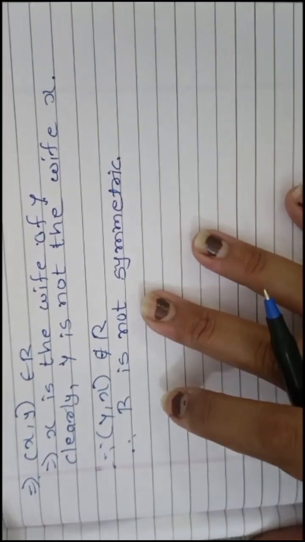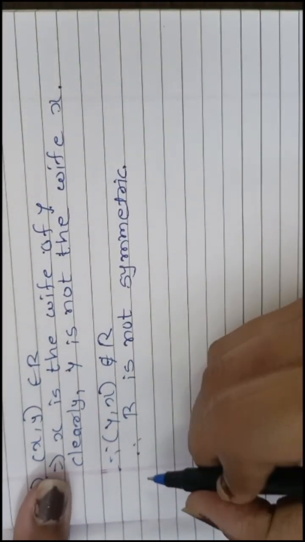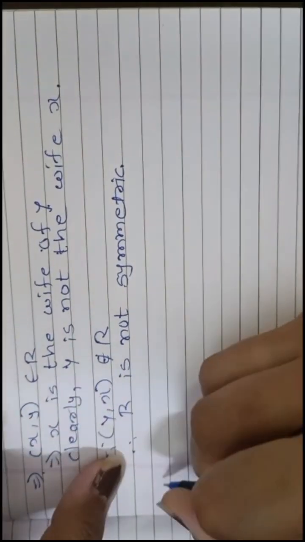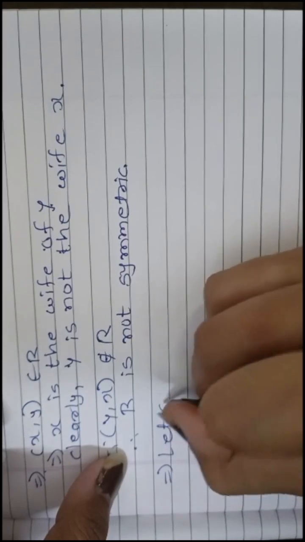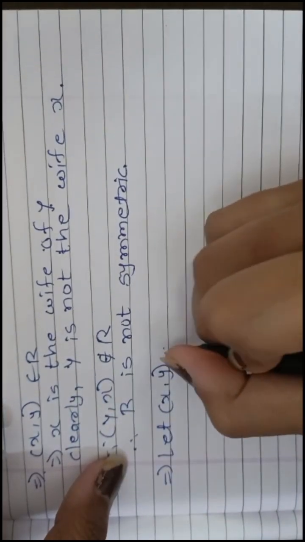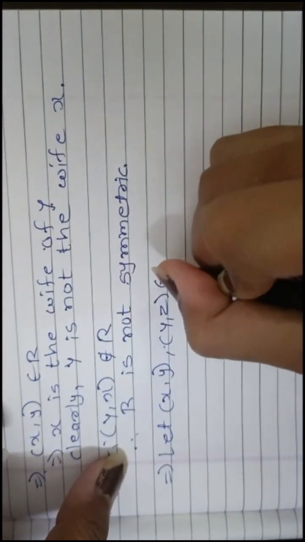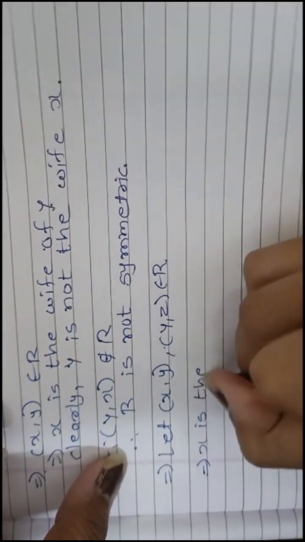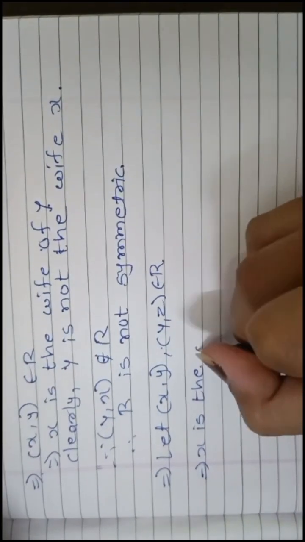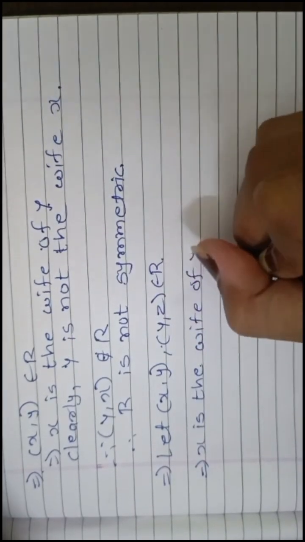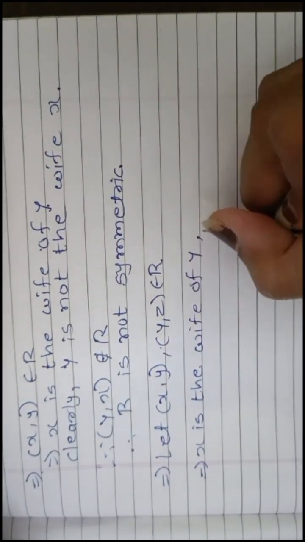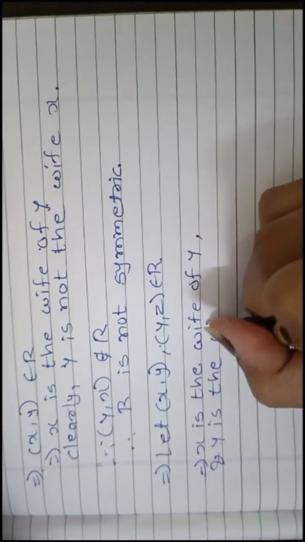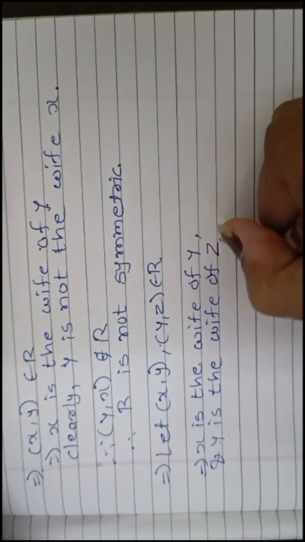Next, we will check for transitiveness. Let (x, y) and (y, z) belong to R. It implies that x is the wife of y and y is the wife of z.